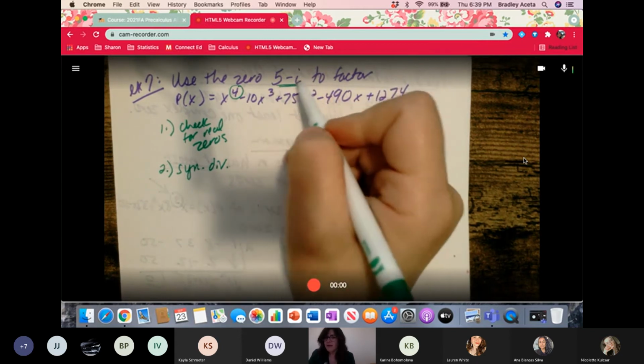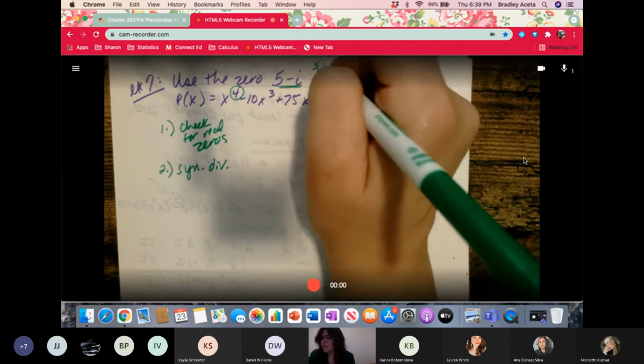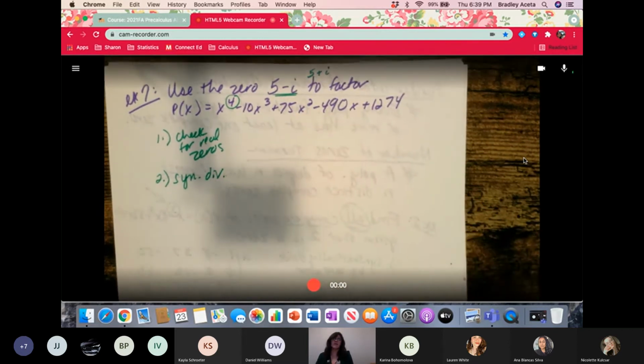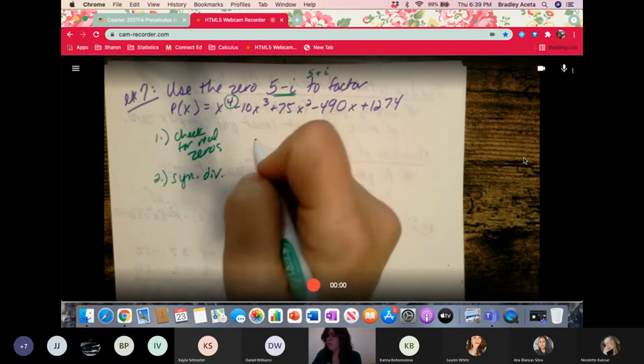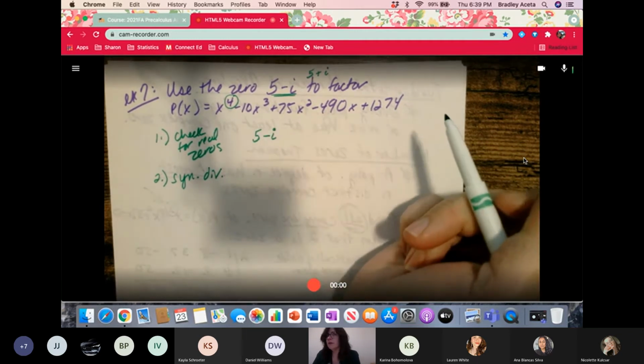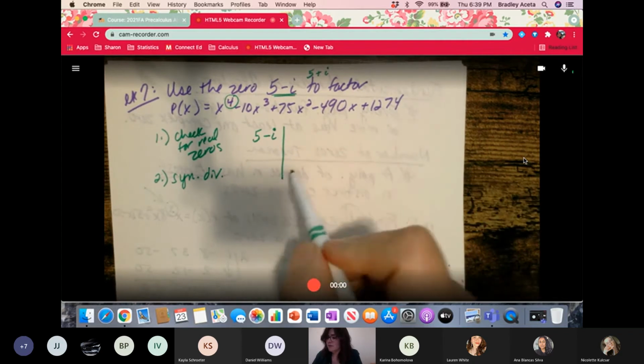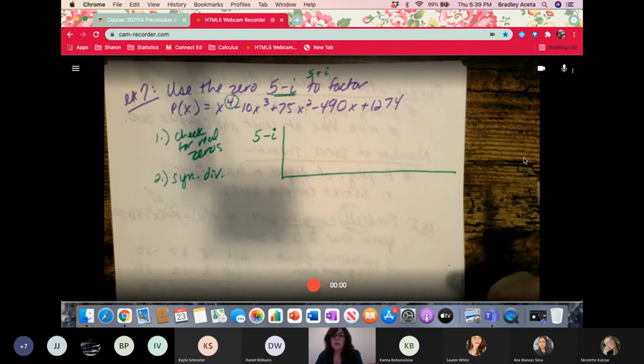All right, so 5 minus i, we know for sure we're also going to have 5 plus i. Might as well write it down there just in case I'm going to have to divide by it. So you can synthetically divide, shockingly enough, with i's. Now you definitely want to make your L a little bit larger.